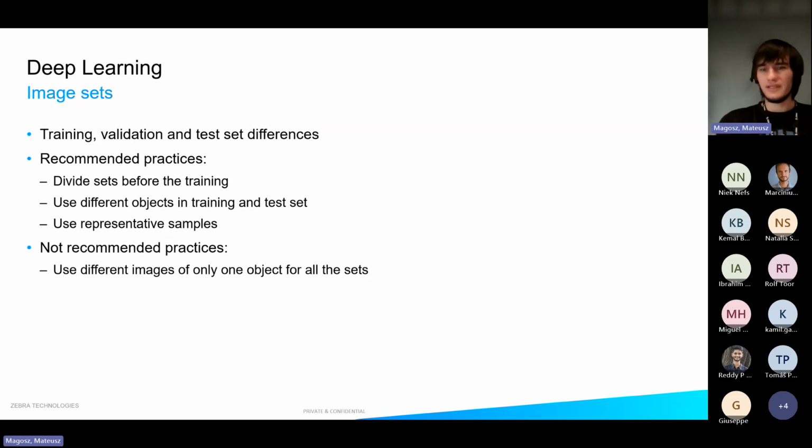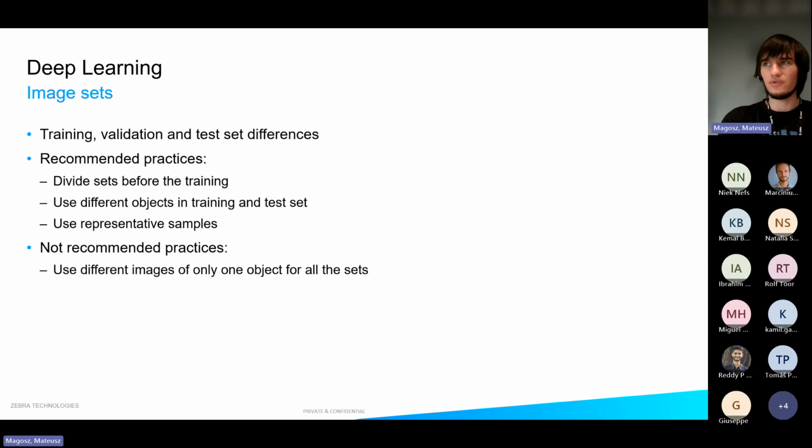Yeah, the training phase is like we train on training images and check the progress on validation images from the training set. And we check the work of the model, how it behaves, and if it's working correctly on our test set. The test set doesn't take any part in the training process.